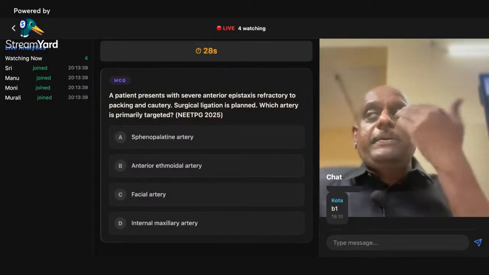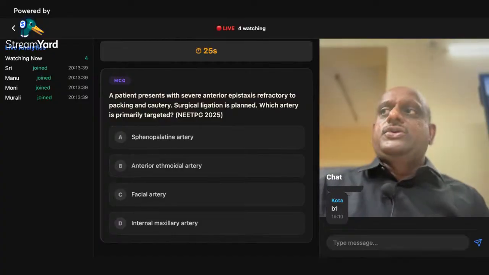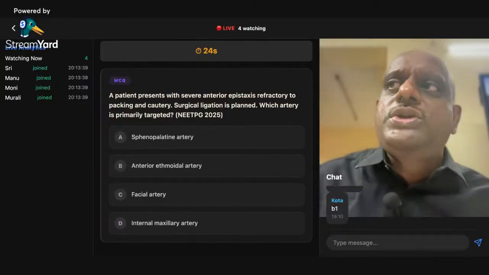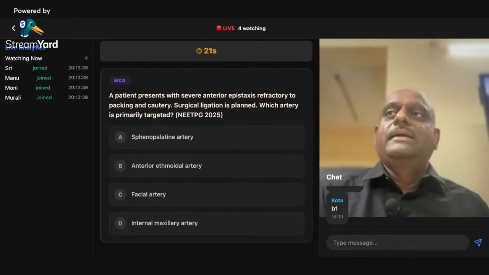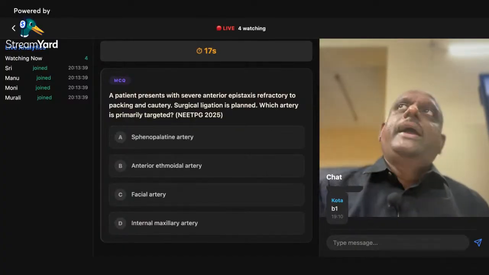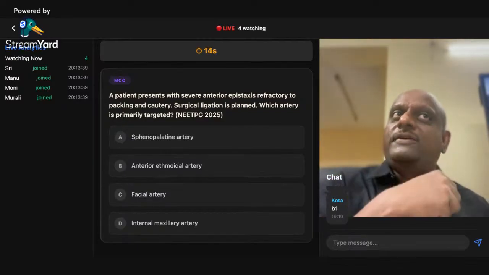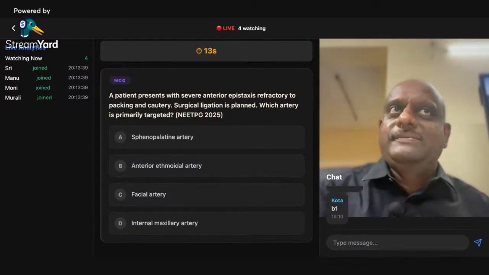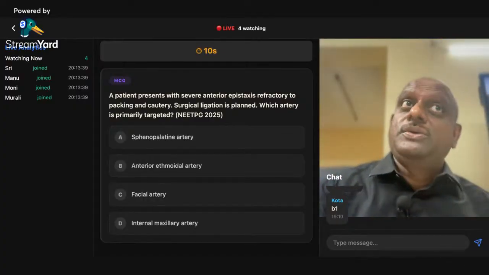Severe anterior epistaxis refractory to packing and cautery, so surgical ligation is planned. Which artery is primarily ligated? You should know anterior epistaxis, posterior epistaxis, Little's area, Woodruff's area, everything. Which is the branch of which vessel? That also.